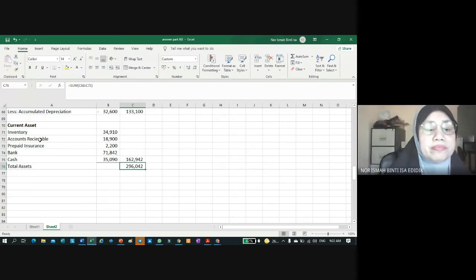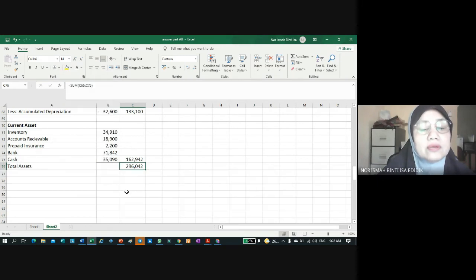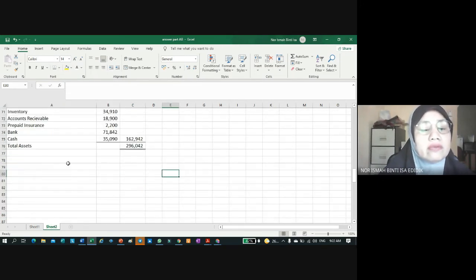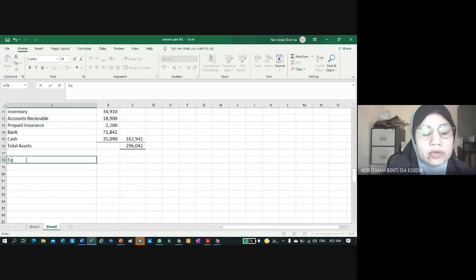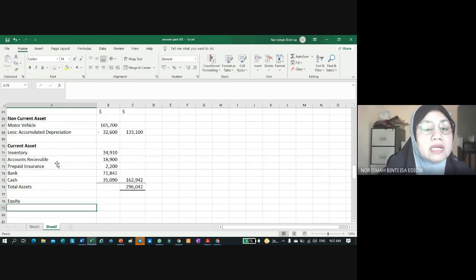So this one kena letak tanda 2. Yeah, this is balancing figure. And then we start with the equity. Equity we start with the capital.